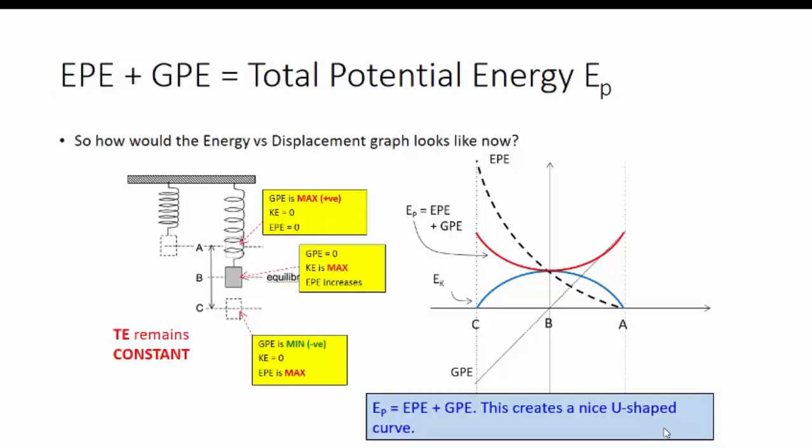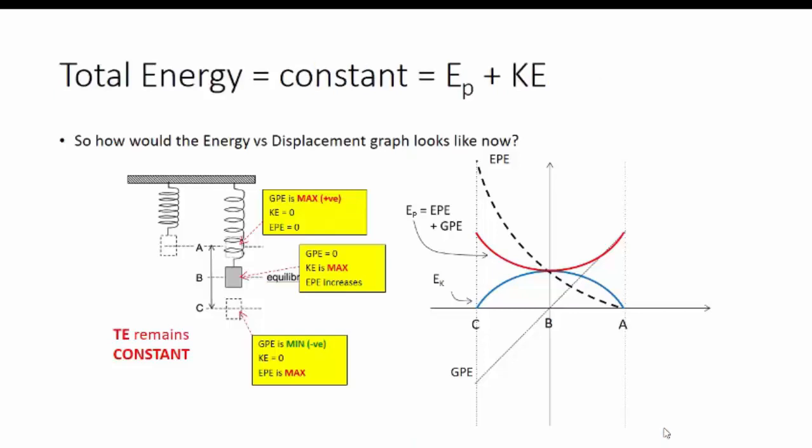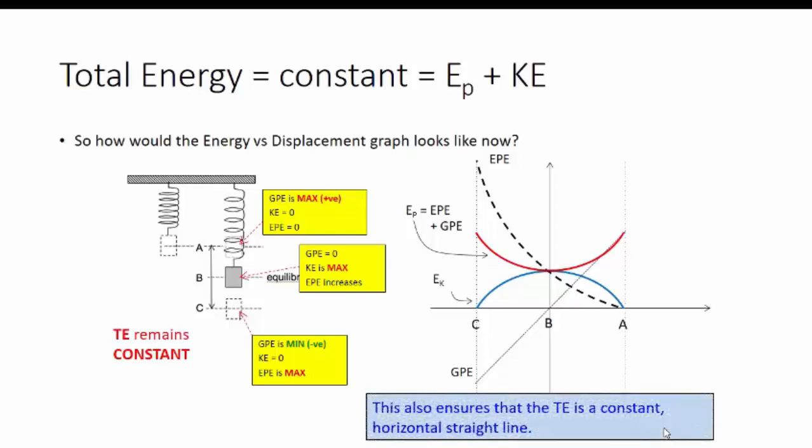Okay, right. So if you add up the total potential energy, the red curve, and the blue curve, which represents kinetic energy, you end up, as before, with constant total energy, which is shown by the horizontal line above.